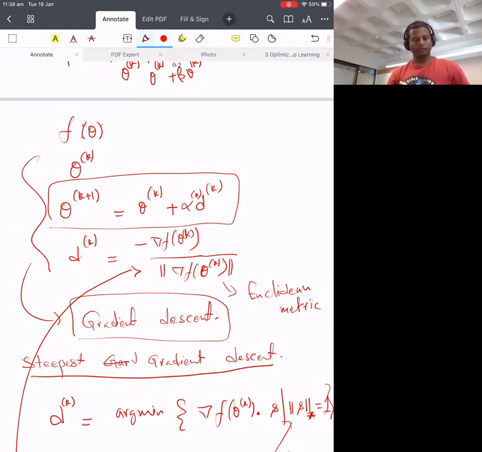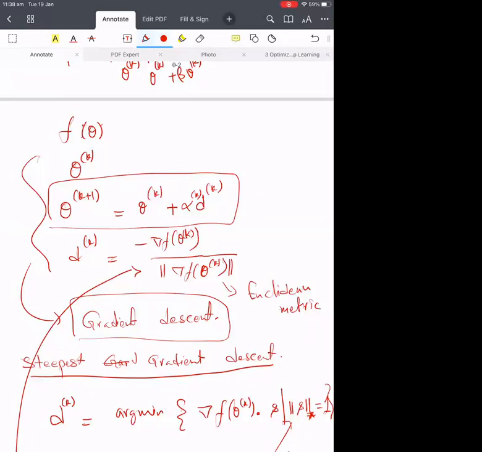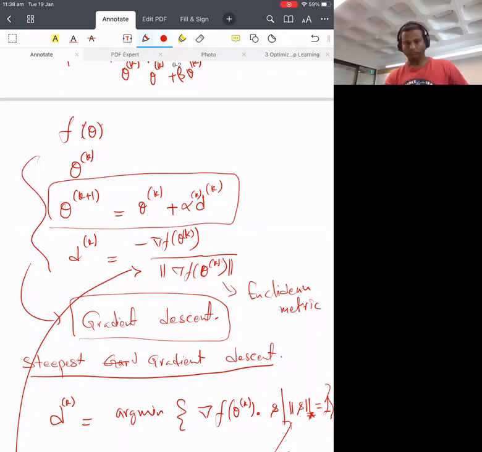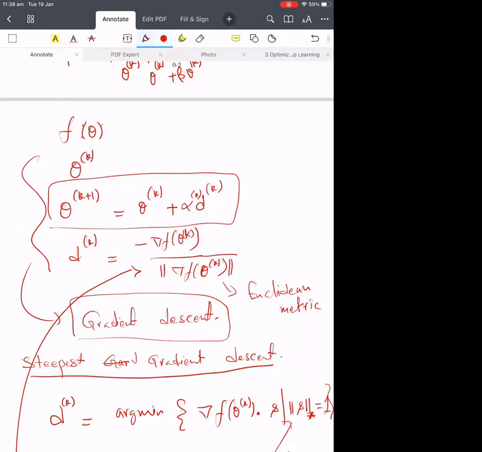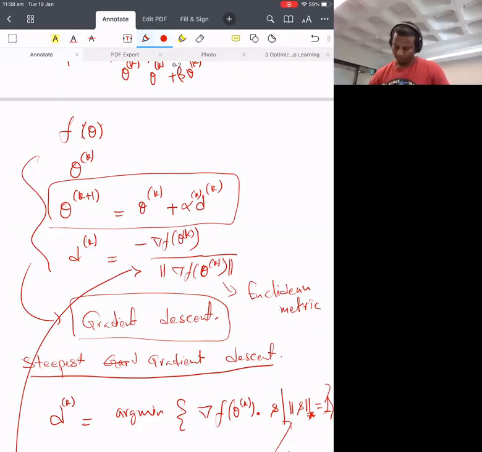Jade, can you clarify your question a little bit? You can unmute yourself. Sorry, I'm probably just misunderstanding. But if alpha is defined as the negative gradient, which is normalized, so it's just moving one unit in the gradient direction, it already contains the direction. A gradient is a vector. Alpha is a positive scalar, and d is the directional component.